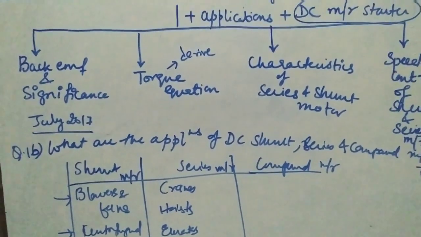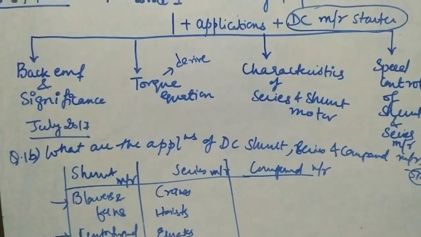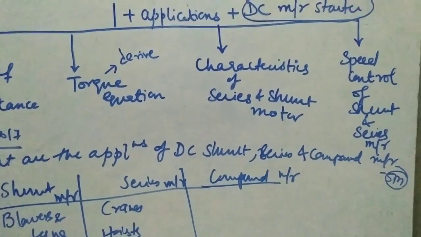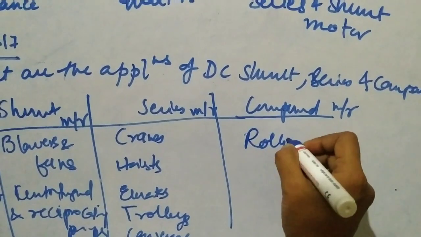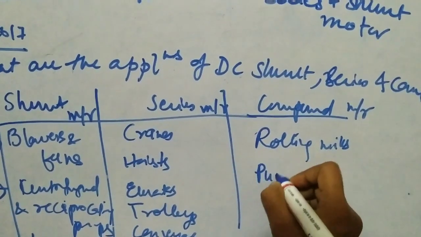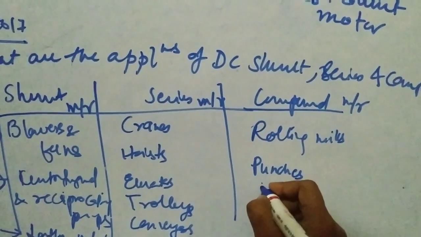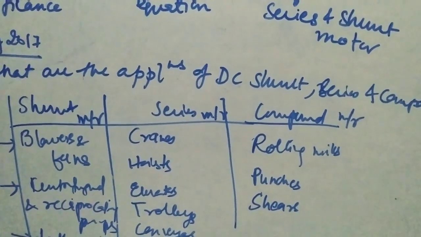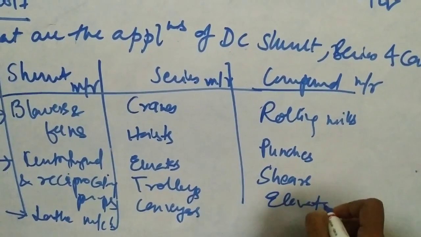Next, coming to the compound motor. In a compound motor, applications can include rolling mills, punches, shears, heavy planers, and elevators.